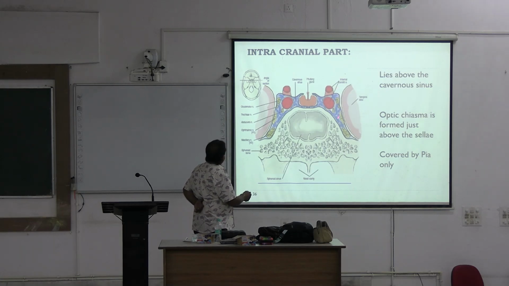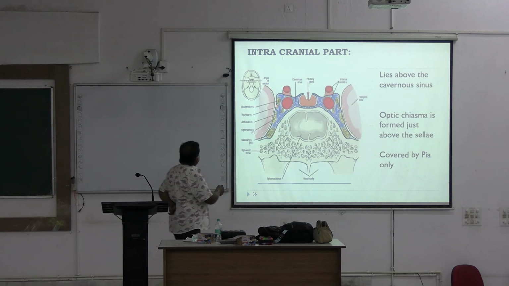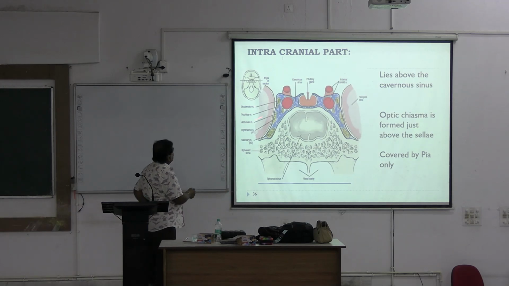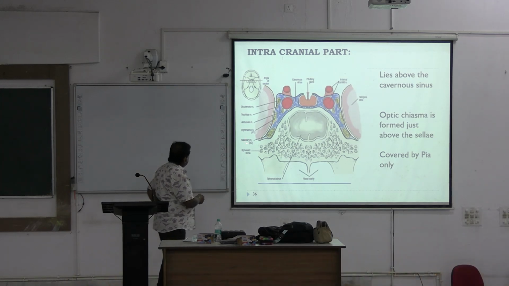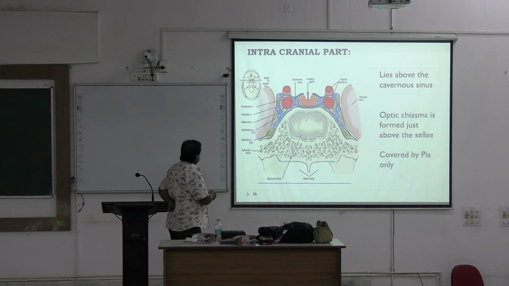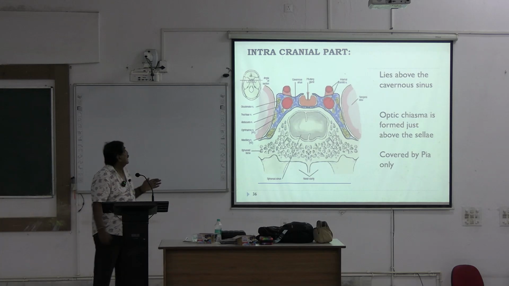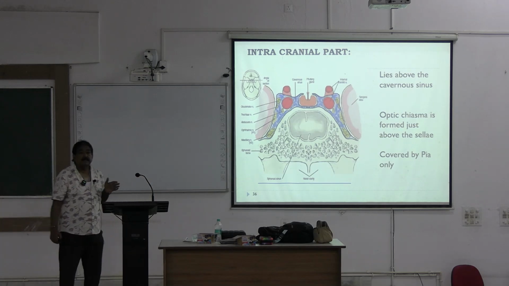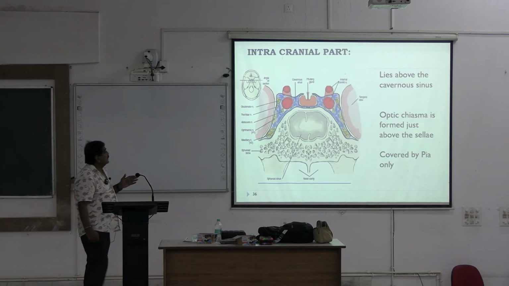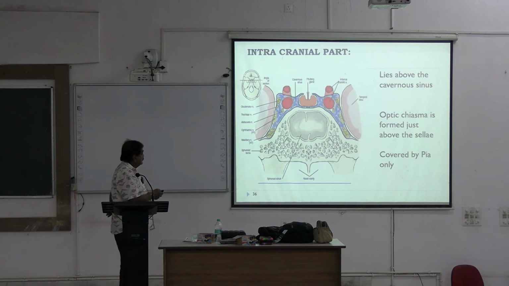And here the oculomotor nerve, trochlear nerve, abducens nerve, ophthalmic nerve and maxillary nerve. Draw a picture of the intracranial part of the optic nerve and its relations.